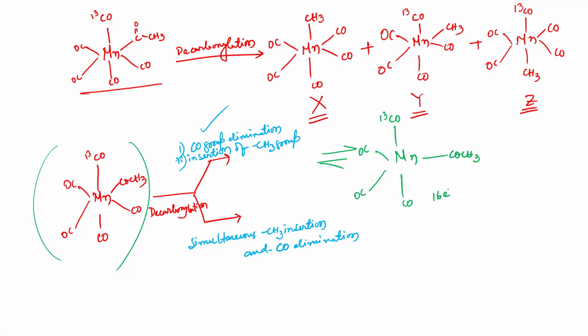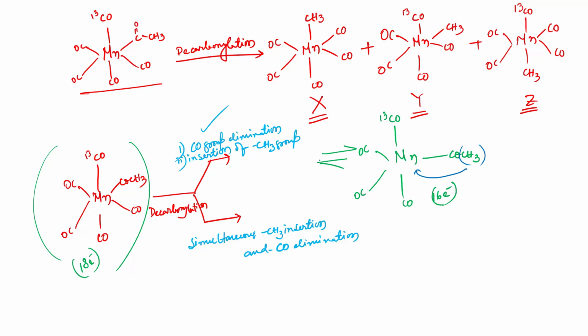Here the total electron count is 16, before it is 18. So the stability is decreased, since a 16 electron complex of manganese is not very stable compared to its 18 electron complex. So here the chances are this CH3 group will come from the acyl and attack manganese and form our product.